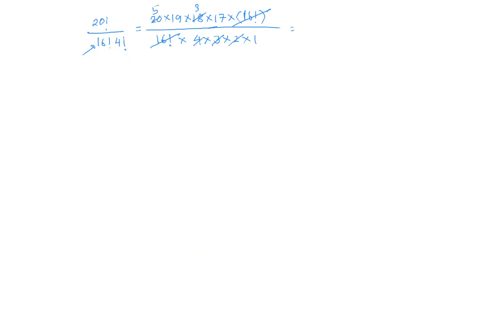So if you simplify it, you're going to get 5 times 3 times 17 times 19, which is going to give you 4845, okay?